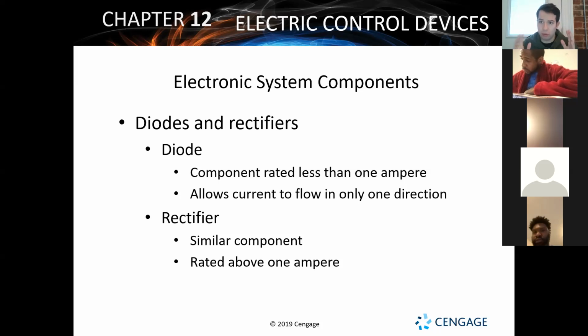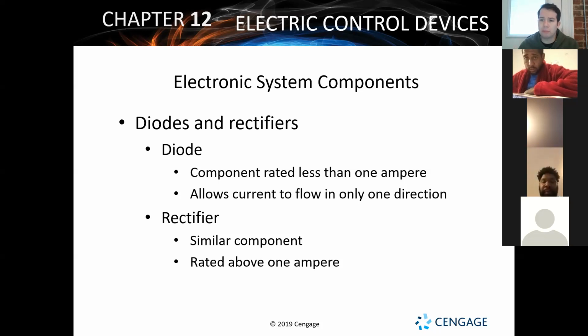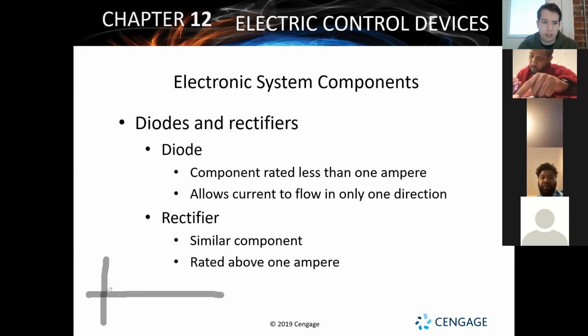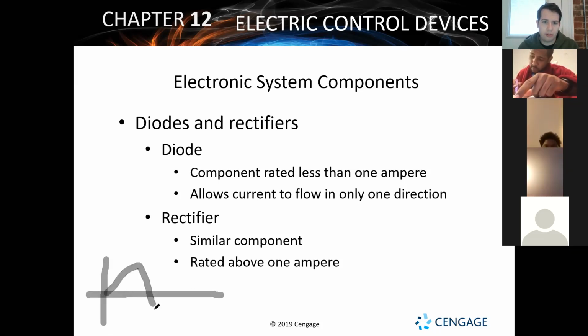Now, when we're dealing with electricity for an HVAC system, remember, we're dealing with that sine wave, that big up, down, up again. That's our AC current.